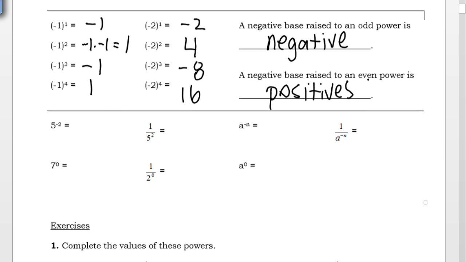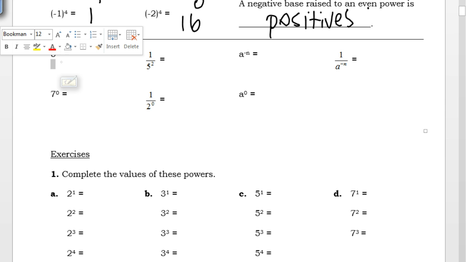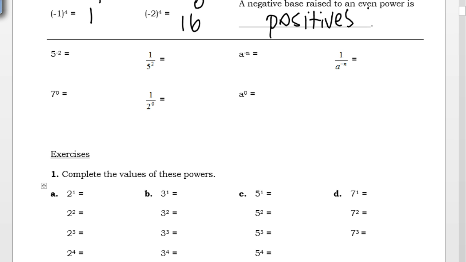So a couple more that we'll try. 5 to the negative 2. Whenever I have a negative exponent, it's the same as putting it upside down. It's 1 over 5 squared.